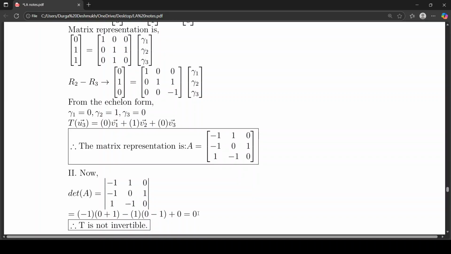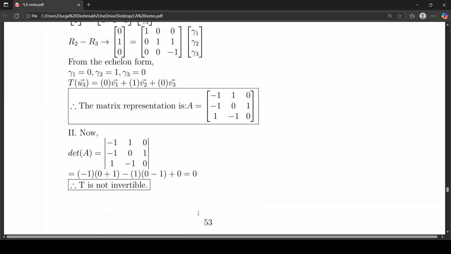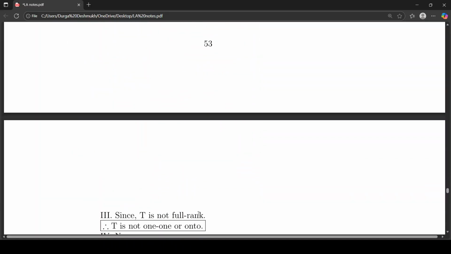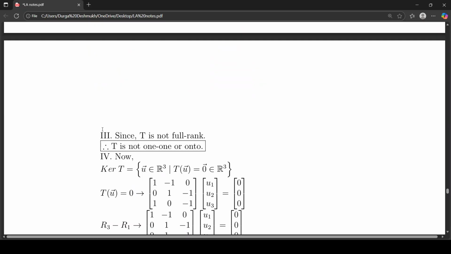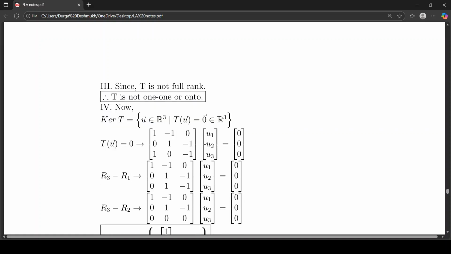Then we can find the inverse using the formula. We know that T inverse is 1 upon determinant of T into adjoint of the matrix T, right? We have been learning it since ages. So since it is not full rank, it's easier to say that it's not one-one or onto. We don't need to check other things.